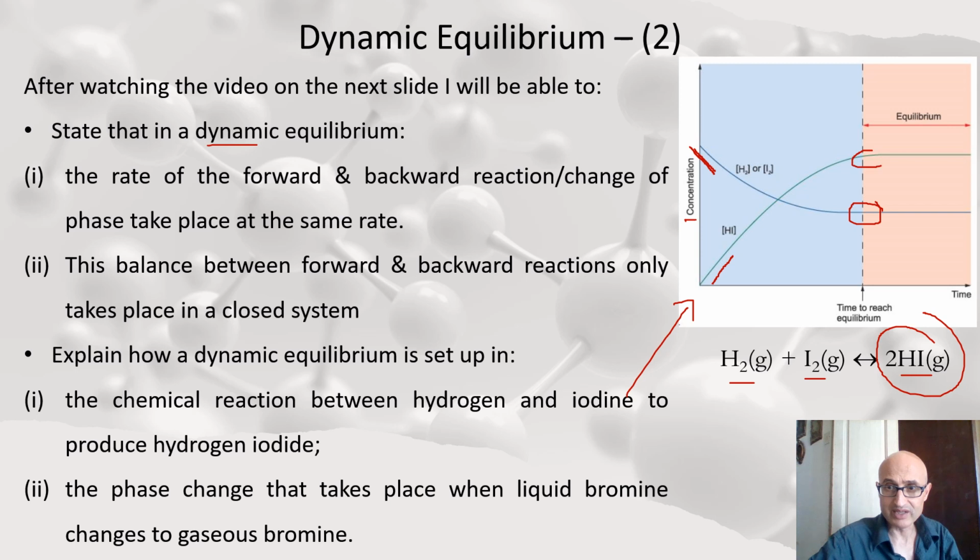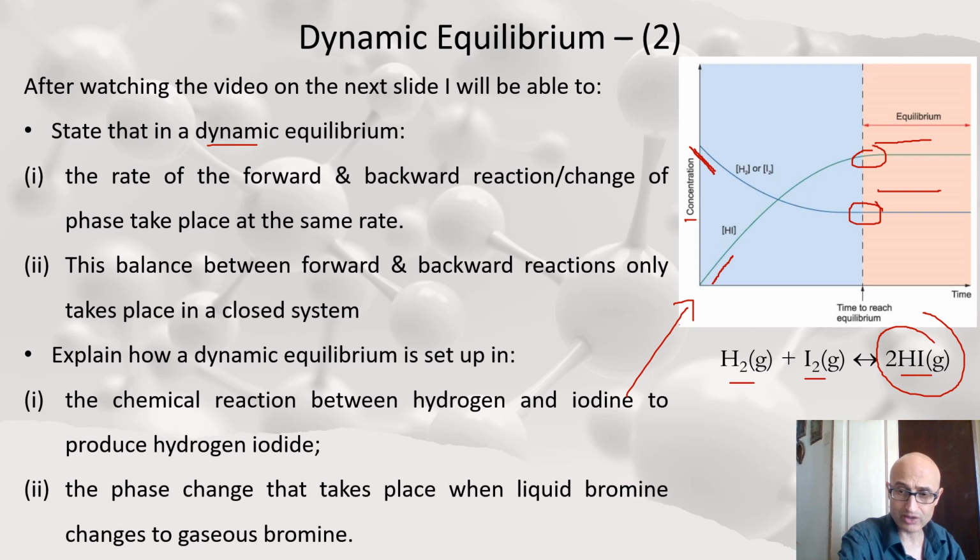Notice, okay, the hydrogen iodide has reached a steady state and the hydrogen and the iodine concentrations too have reached a steady state, okay? At this point, there is no observable change either in the amount of product or in the amount of reactants. We call it a steady state dynamic equilibrium.